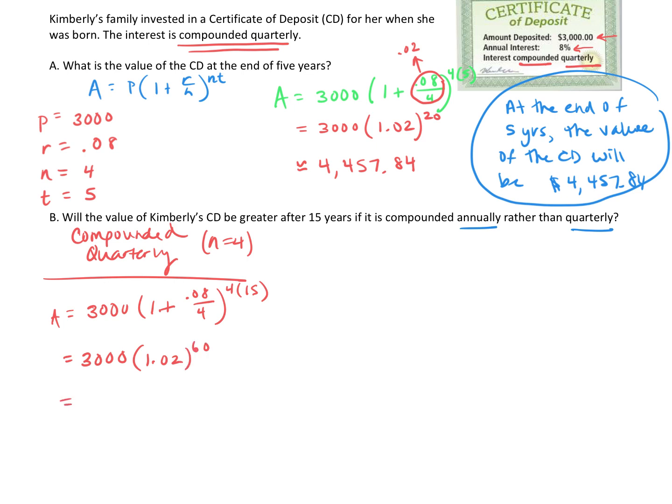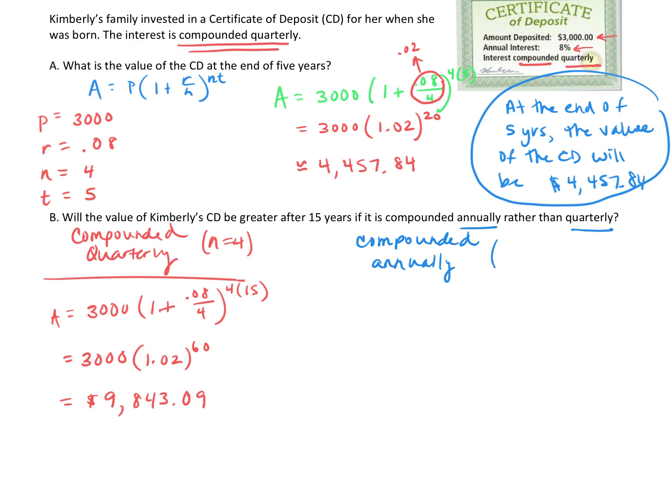And when we calculate that, we get $9,843.09. All right, well, let's compare that to compounding annually. So there's some vocab we have to know.